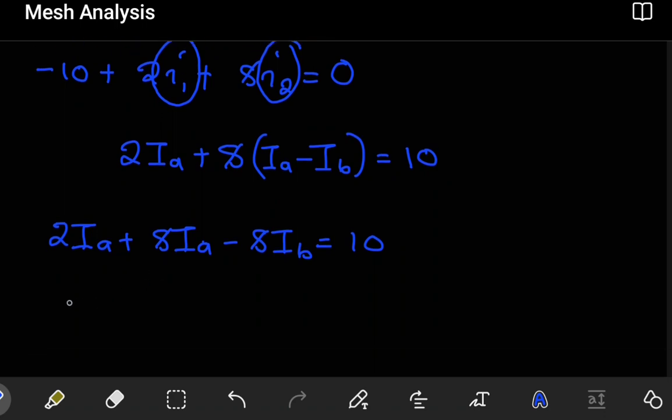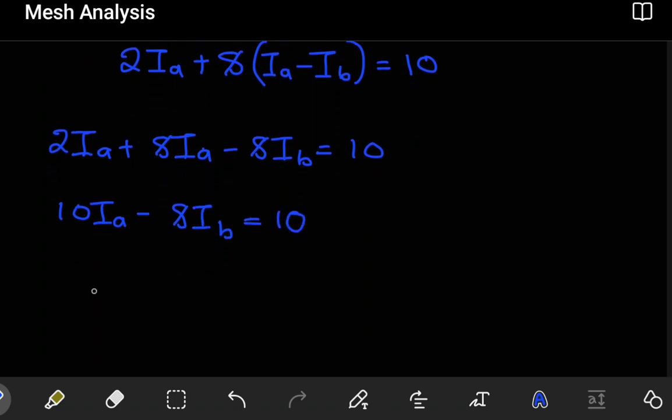Simplify this, we now have 10IA minus 8IB is equal to 10. This can reduce a little bit, divide by 2, we have 5IA minus 4IB is equal to 5. This goes as our equation 1.